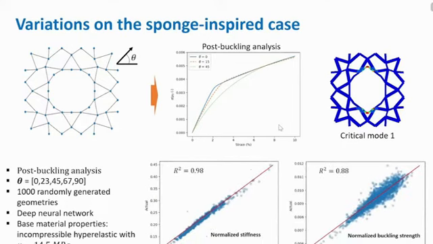We predicted the normalized stiffness of these structures and the buckling strength. As you can see from the coefficient of determination, comparing the actual and the predicted values, the normalized stiffness is much easier to predict, of course, compared to the buckling strength, which is predicted from the post-buckling analysis.